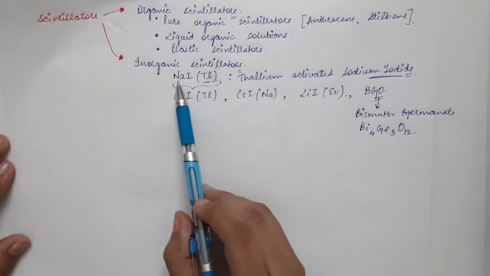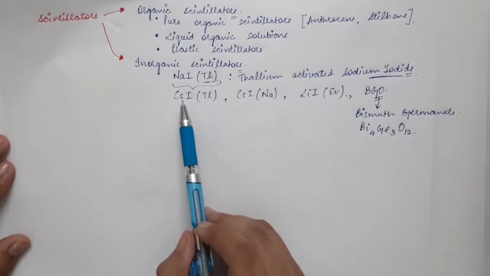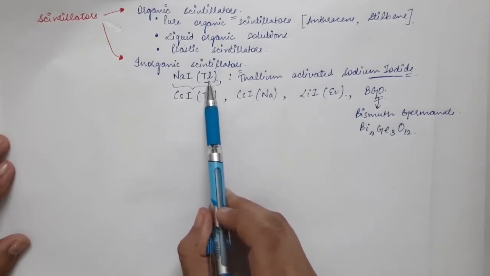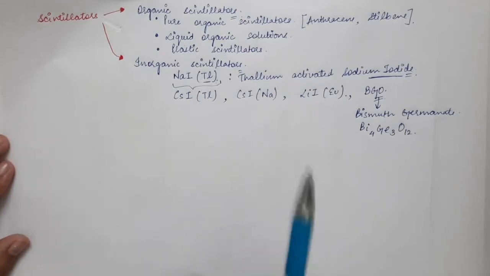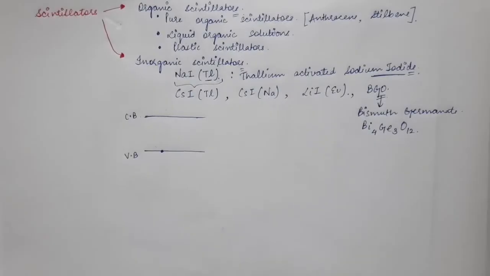So thallium activated sodium iodide, thallium activated cesium iodide, these are the alkali halides which are doped with some impurity and they are in their crystalline state. Now what is the purpose of this impurity?